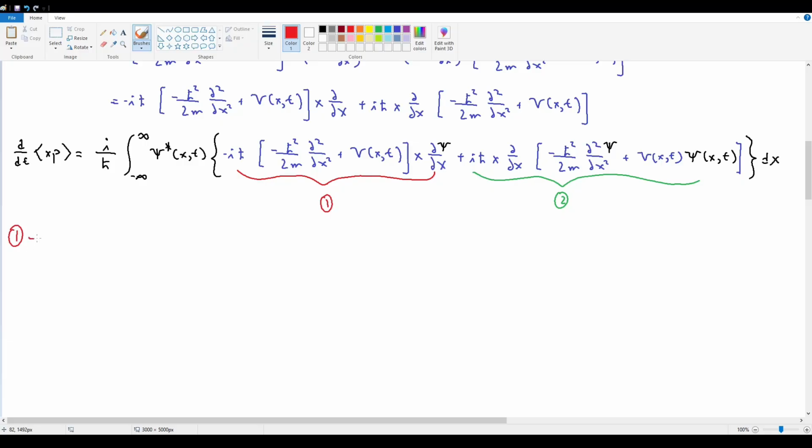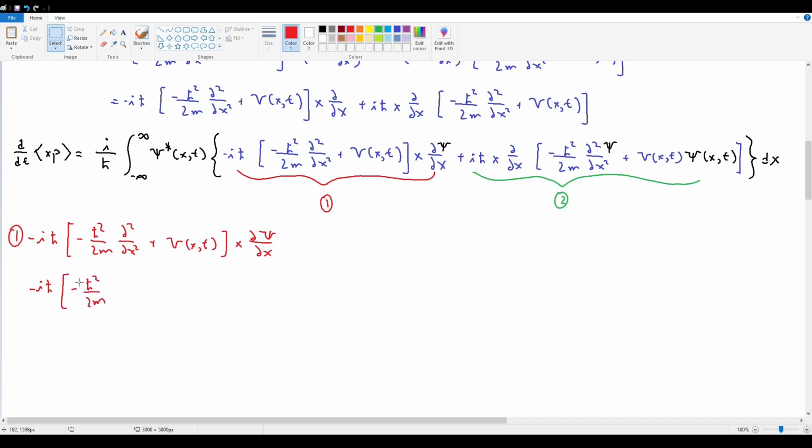So you have negative i h bar, negative h bar squared over 2m d2 by dx squared plus v of x comma t times x d psi by dx. Okay, we're going to have to apply this d psi by dx onto each of these two expressions in here. So we have negative i h bar, and negative h bar squared over 2m.